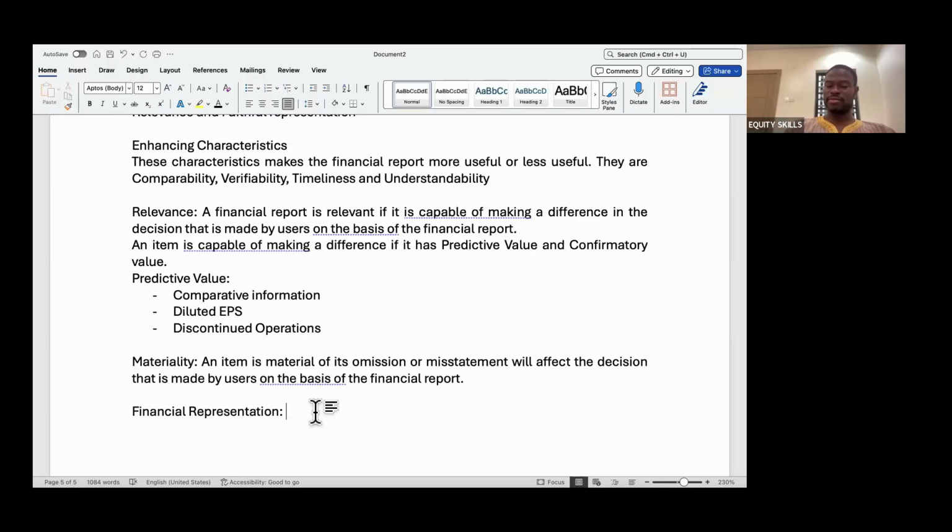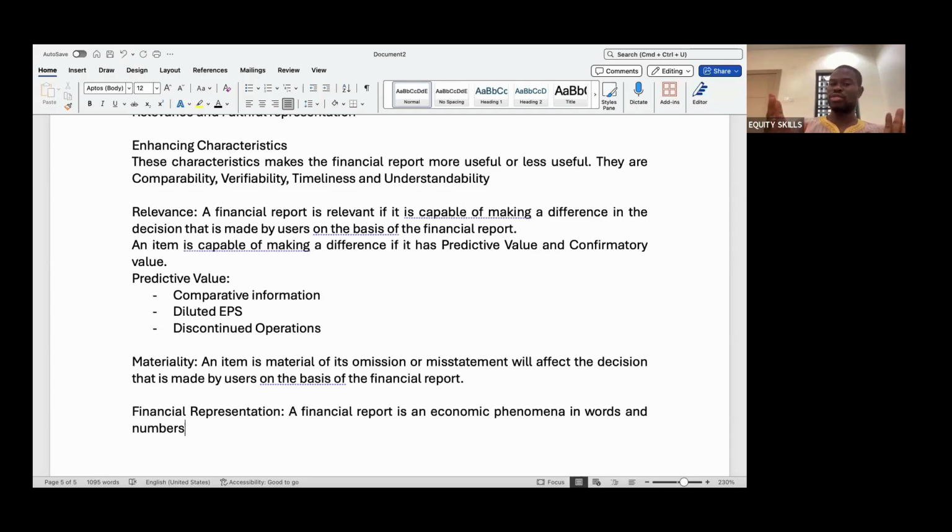You know that normally a financial report is economic phenomena in words and numbers. When you see a report, your perception of a report should just be, okay, this is just talking about the economic activities of a company, both in words and numbers.